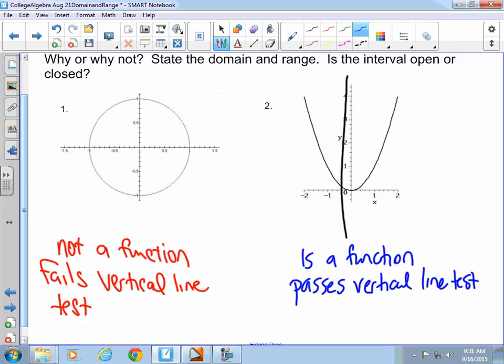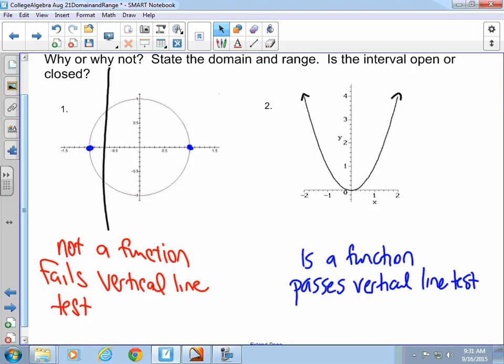Here we go. On this circle, let's do the domain and range on the circle. On this circle, from here to here, what is the domain? And I'm going to use my line so people at home can see what I'm doing if you're watching on video. So I'm going to look from the left. Am I touching? I'm not out here, right? So the first place I touch is right here. You can't see that tick mark and what it's labeled, but it's -1.